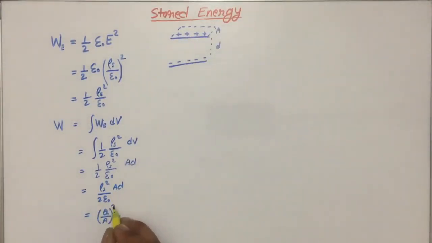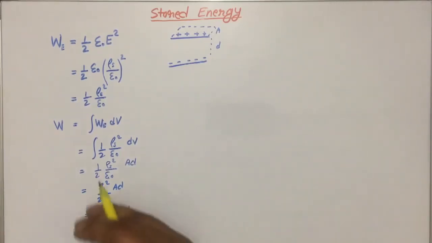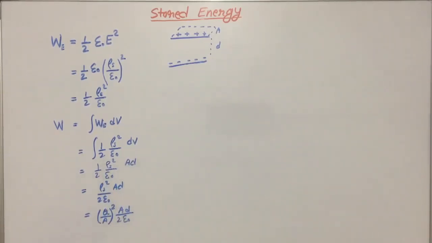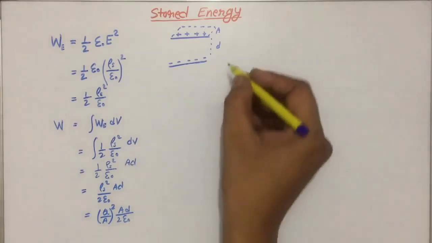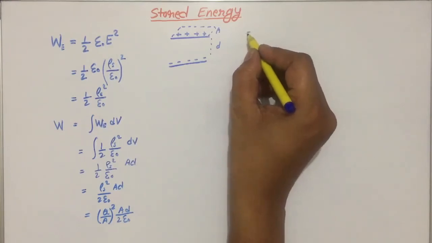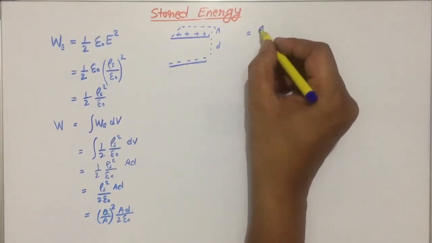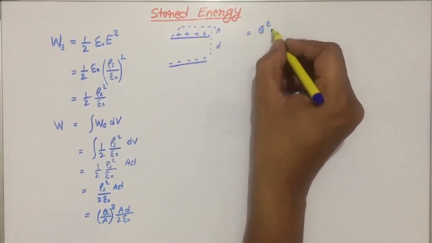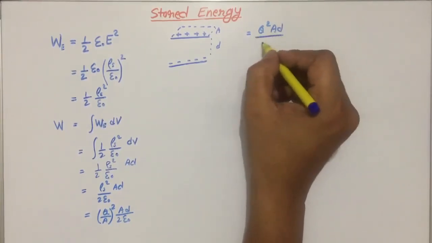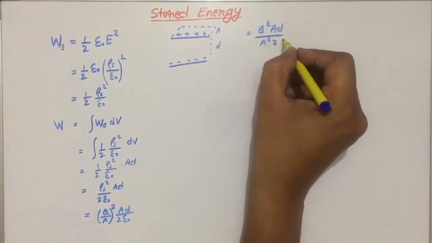AD is already given there, and 2 epsilon naught is from the previous step. So we can write Q square AD divided by A square 2 epsilon naught.